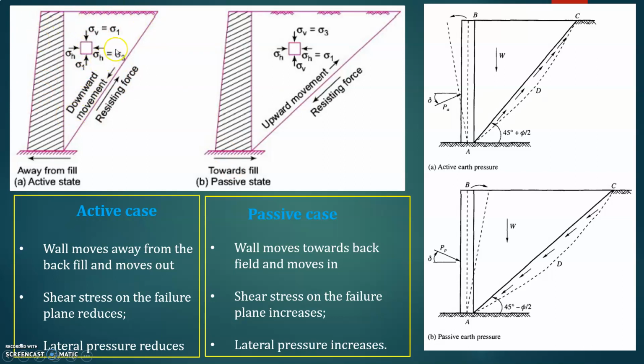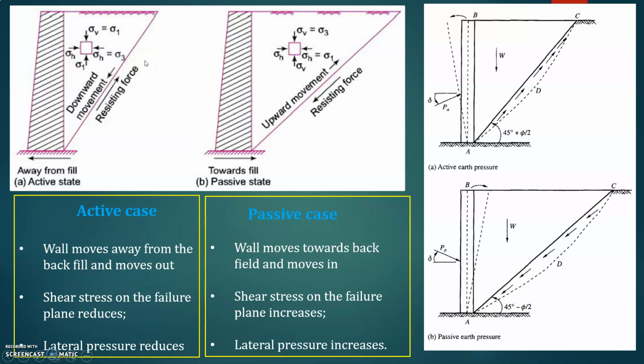This is how it forms because the wall moves away from the backfill. This wedge-shaped portion of the backfill tends to move with the wall. So this is called the failure wedge.